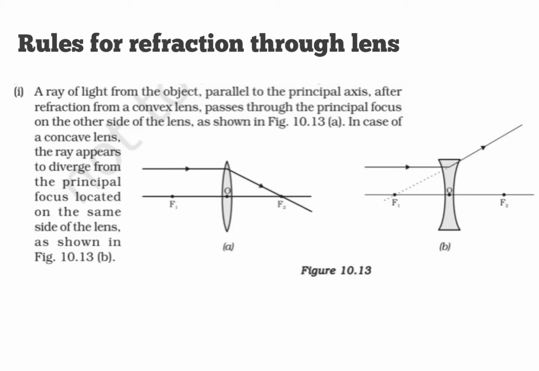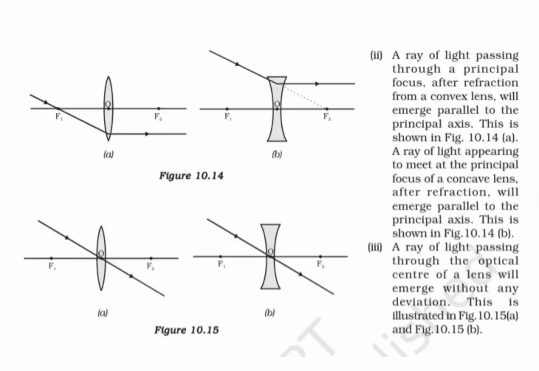In the second figure you can see that a ray which is parallel to the principal axis of a concave lens is getting refracted from the concave lens, and when it is extended backward, it is intersecting at F1.